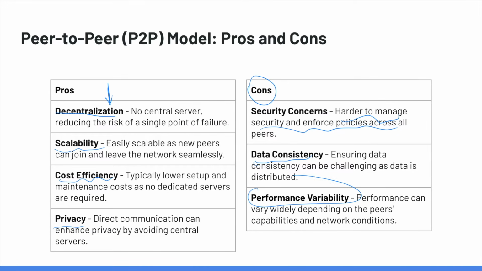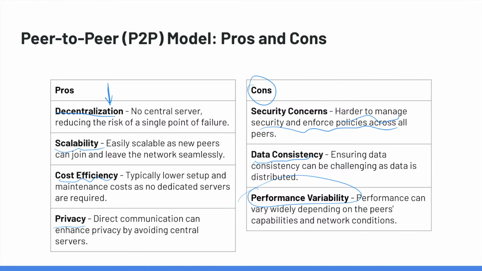Finally, performance variability is another factor. Different computers will dispense data or resources at different rates because they'll have different internet service providers and network connections. So the quality and the speed at which we can get access to data on our network is going to vary a lot.